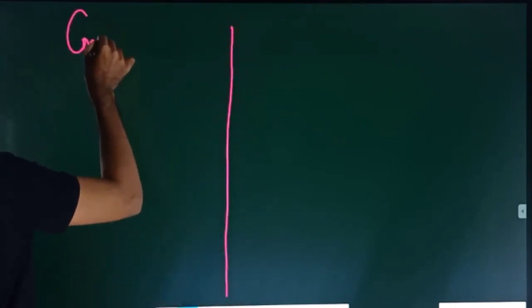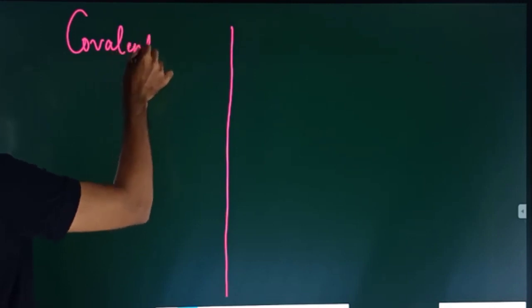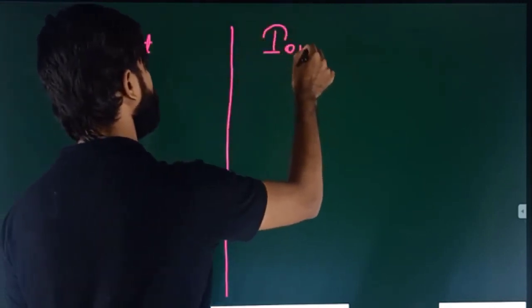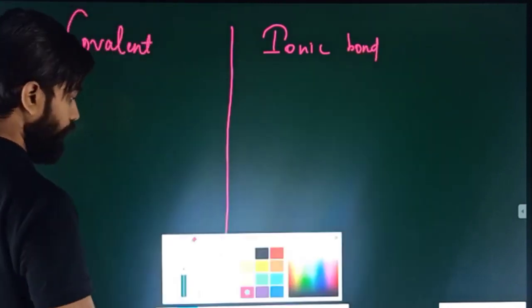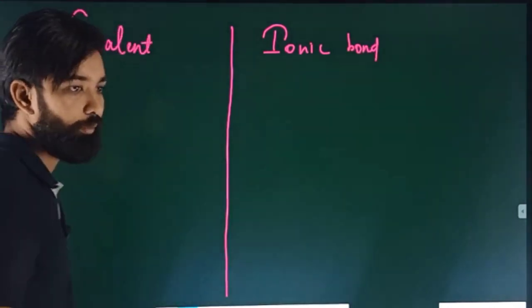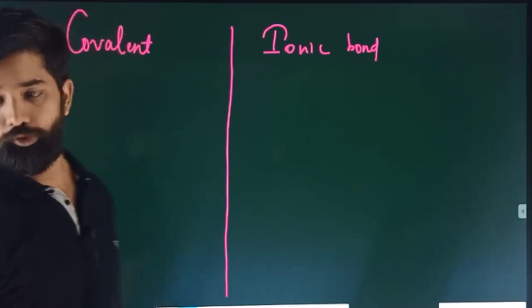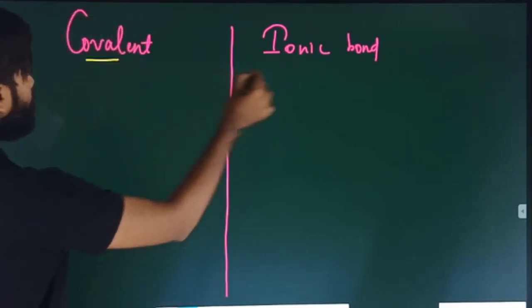Now we can compare the properties of covalent and ionic compounds. It's very easy.